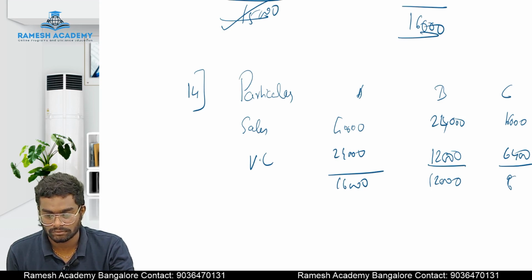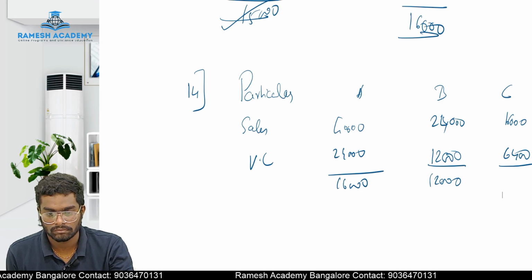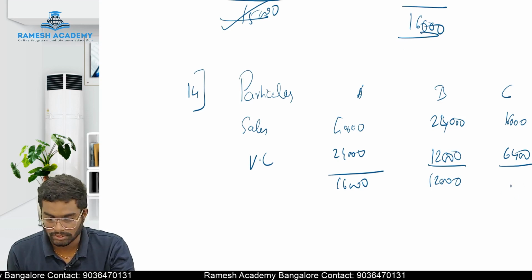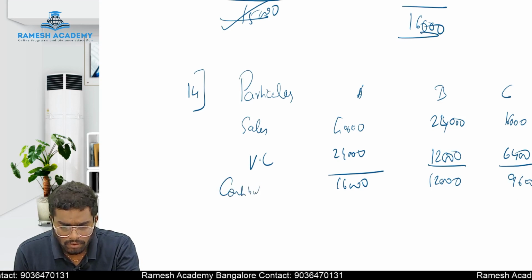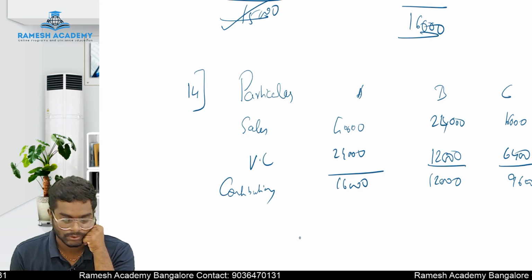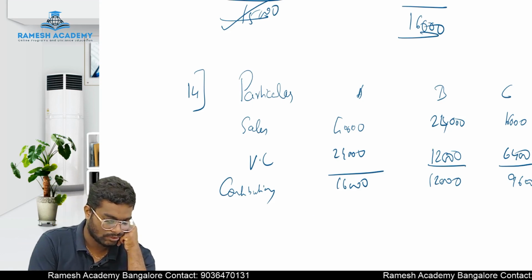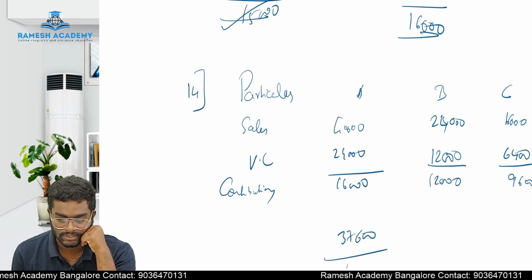So it is 9,600. We'll add all the contribution to find out the combined PV ratio. So 16 plus 12 is 28 plus 9.6, which is 37,600, divided by sales of 80,000.